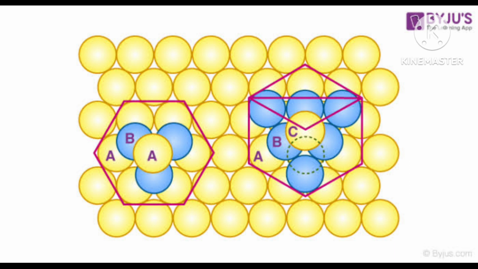I have discussed 2 cases: first, 3 dimensional close packing from 2 dimensional square close packed layers, and second, 3 dimensional close packing from 2 dimensional hexagonal close packed layer.